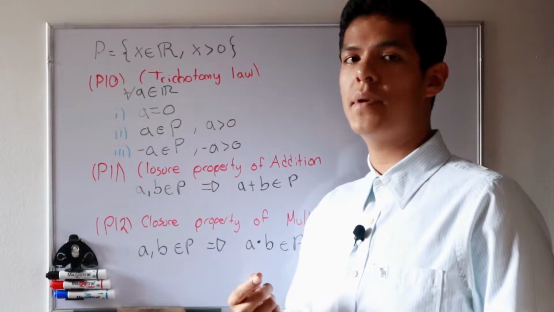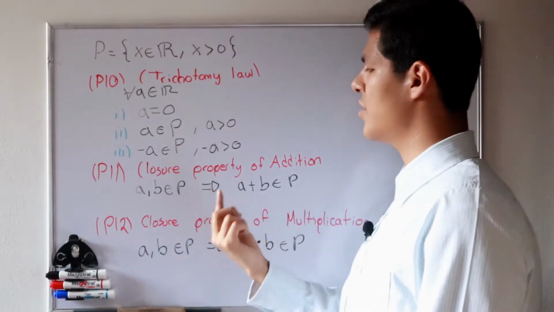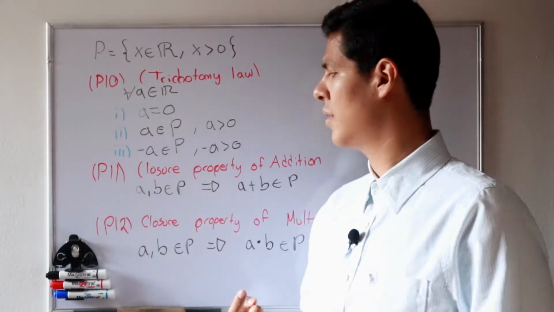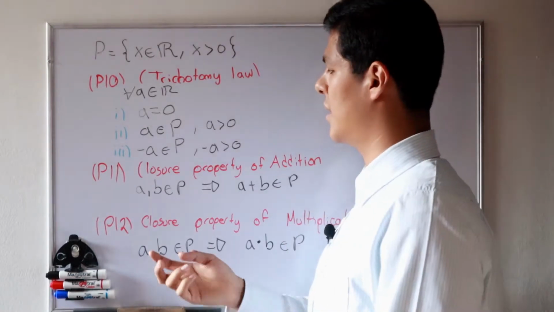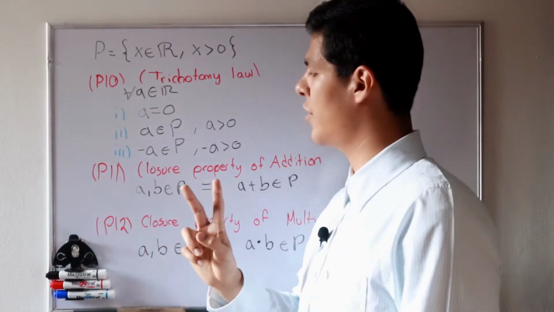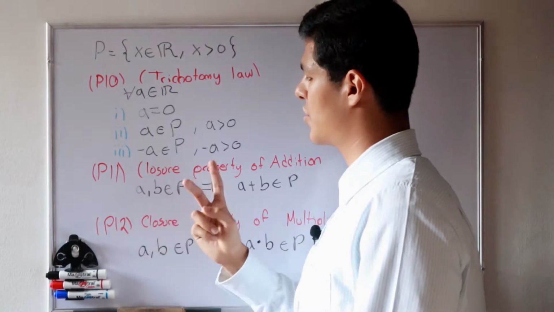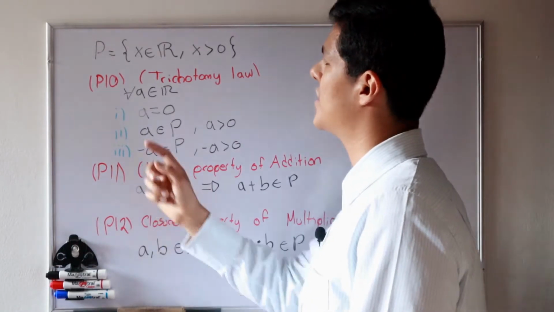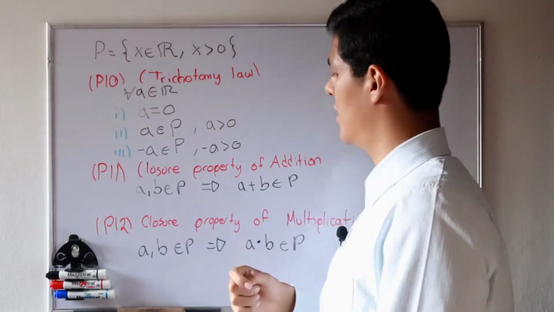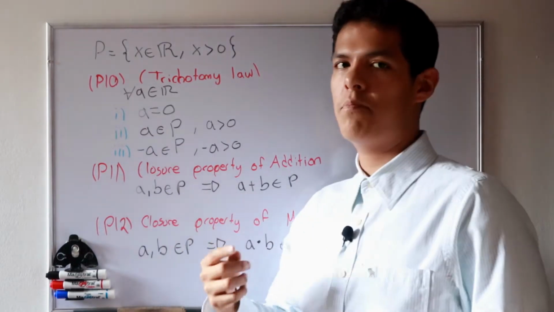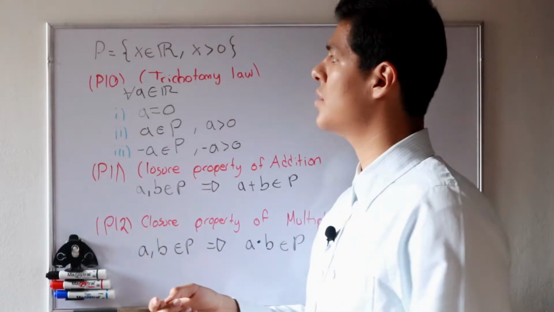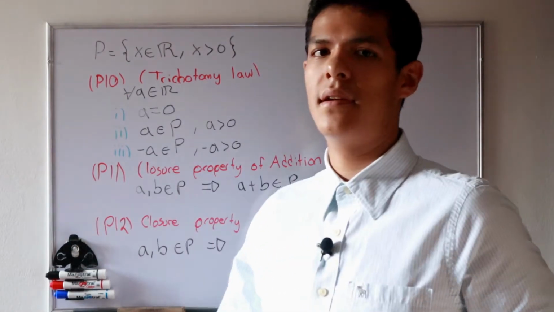The following property is the closure property of addition, or in other words, given 2 real numbers, or 2 elements from this set P, then a plus b is also in this set.